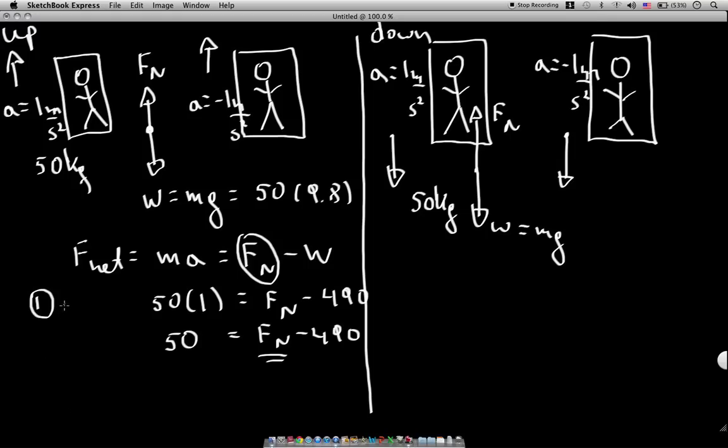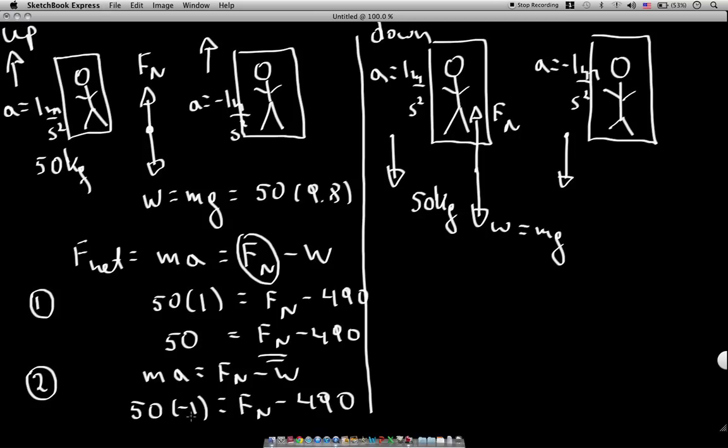So this is with the case of speeding up. Notice that this is positive. In the second case, when you redo this, so meaning MA is equal to, it's still the same thing, it's Fn minus W, except now what you'll notice is this will be negative 1, because we're slowing down here, and the rest is the same.